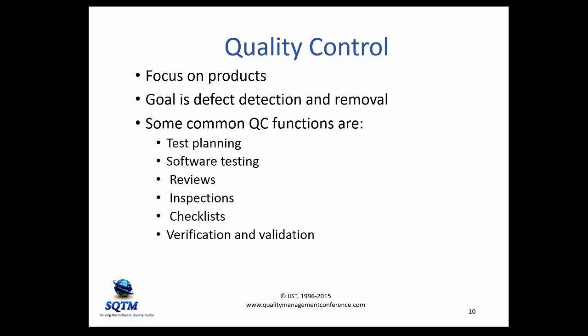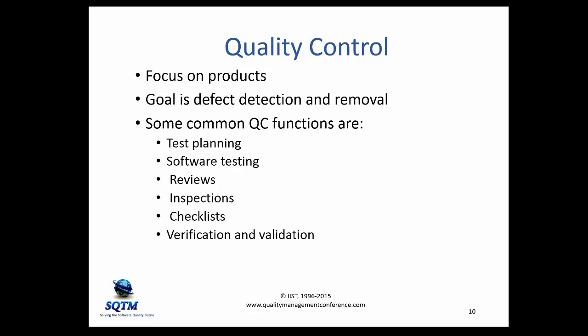And they're truly QC functions, because if you equate them back to the manufacturing methodology and process, which is where all of our quality functions started out and originated, they all relate to QC.